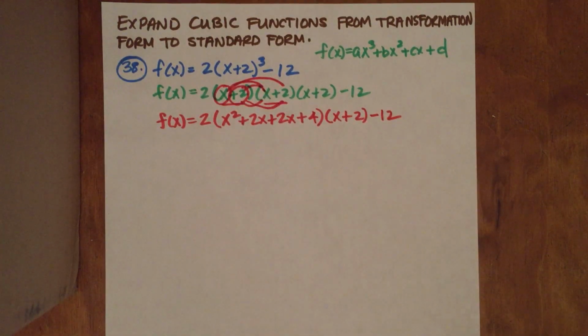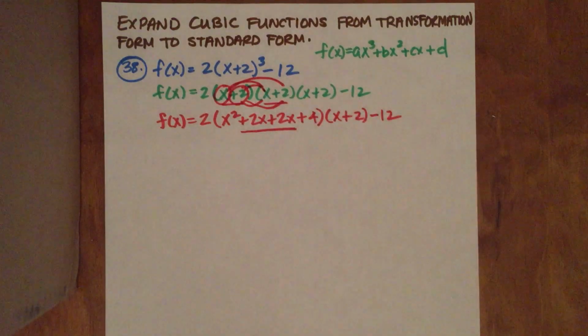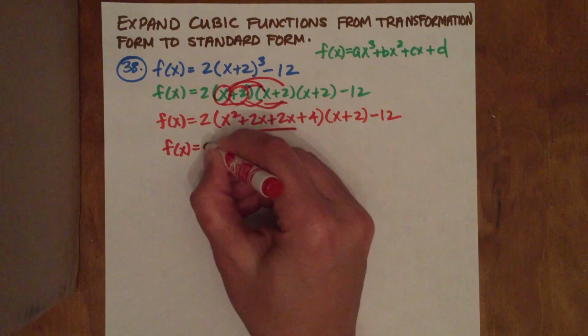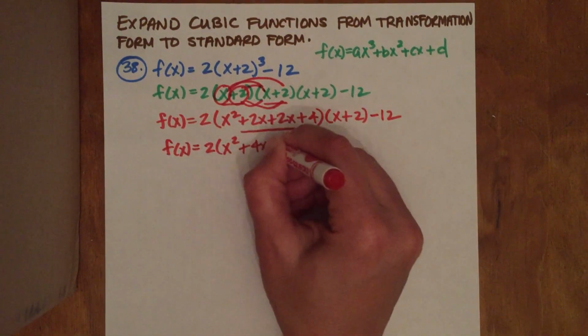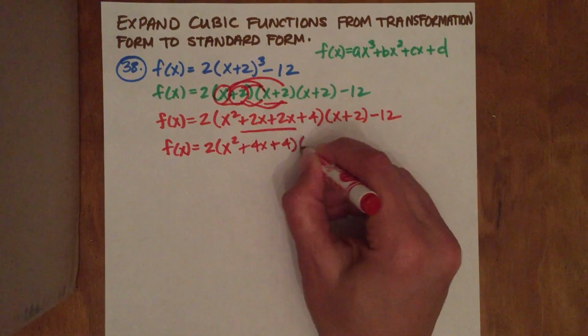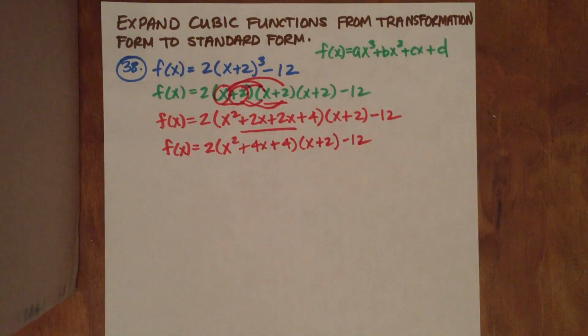Okay, so what we can do now to make life a little bit easier is combine these two. I'm going to rewrite this as 2 times x squared plus 4x, because that's 2x plus 2x, plus 4, times x plus 2, minus 12. Okay, that's the first step.